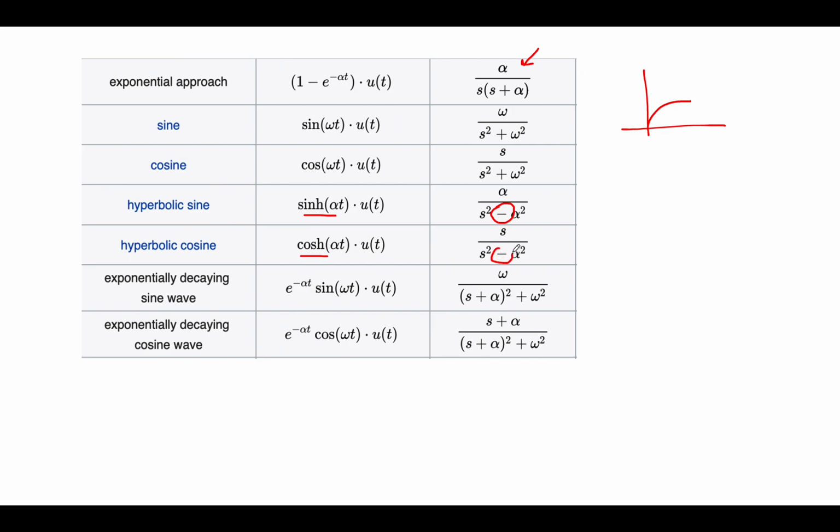So if you are analyzing a circuit and you come up with negative signs in your denominator in an S polynomial, that is probably a mistake because these tend to not be the kinds of functions that we would see in a circuits class. Finally, you can have an exponentially decaying sine or an exponentially decaying cosine, and the corresponding transforms for that are shown in this table, in this column.